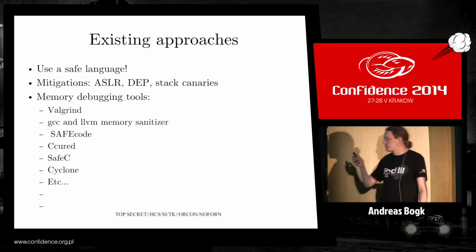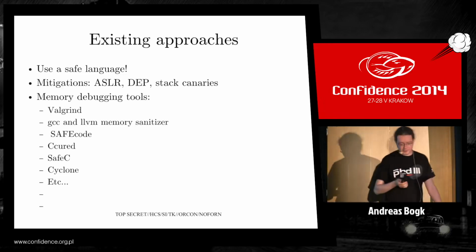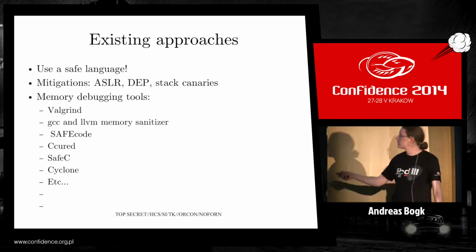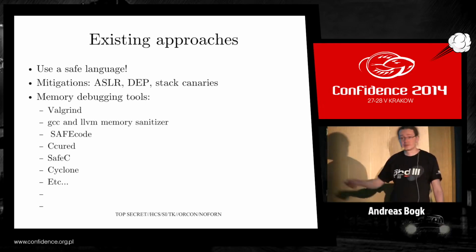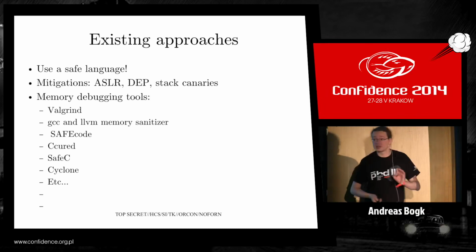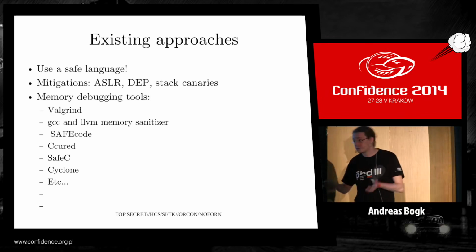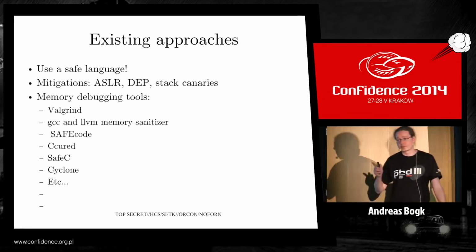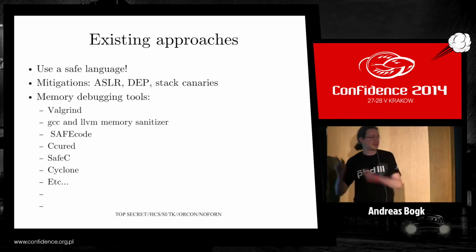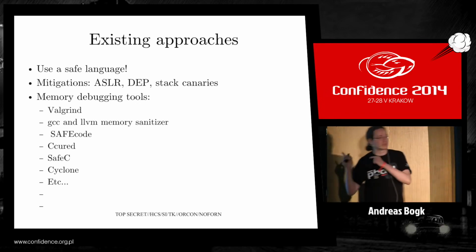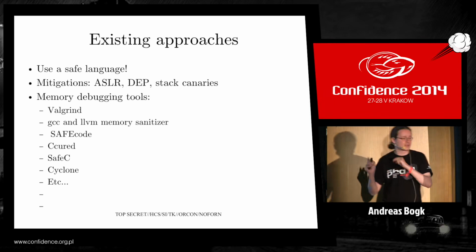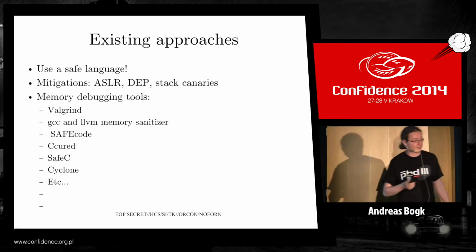So what are approaches to get rid of those problems? The first one is obvious, like use a safe language. Don't use C. Use a language called not C. It's like the no SQL of the programming world: don't use C, ever. Except for when you have a really, really good reason and you're a really, really good coder. And we will have a test in the slides, and if you pass the test, you're allowed to write C. Most people don't.